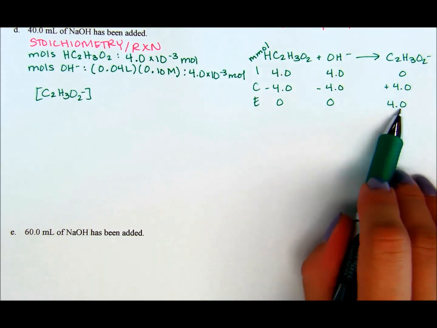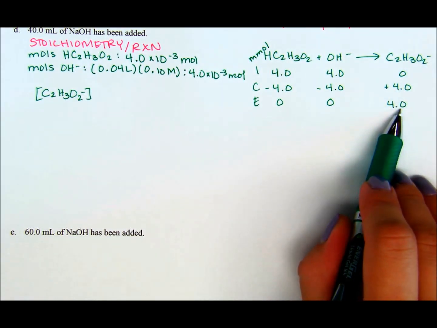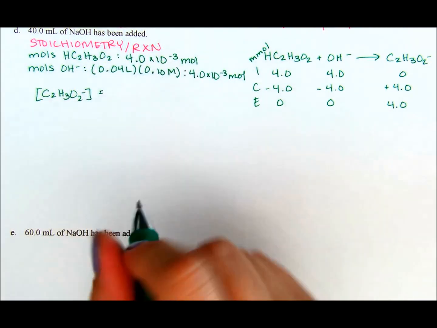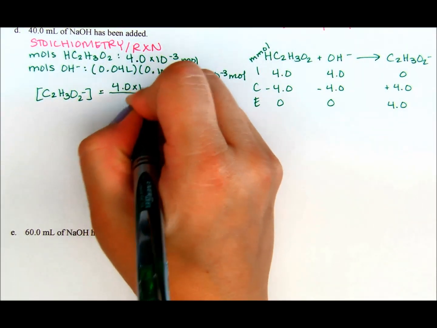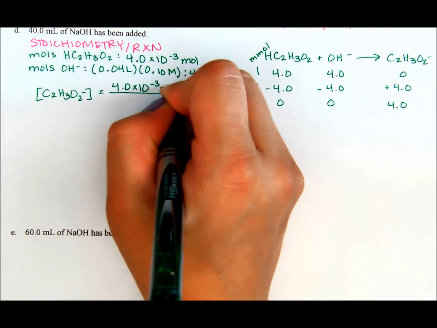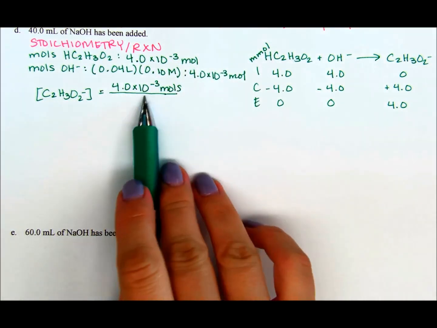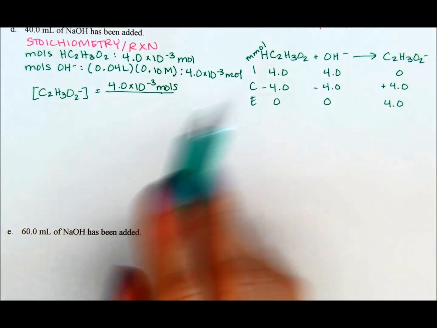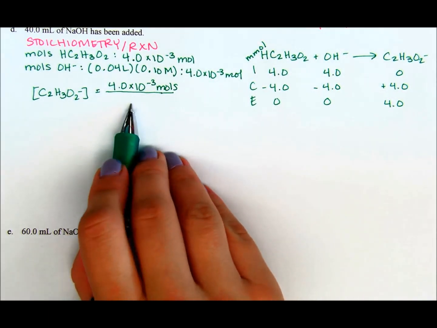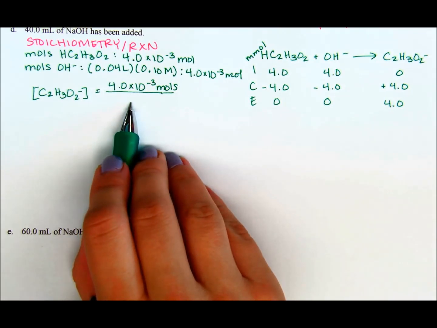So we have 4.0 times 10 to the negative 3 moles of this. So the concentration is moles per liter. So 4.0 times 10 to the negative 3 moles. Remember, I added this 10 to the negative 3 because this is millimolar here. 4.0 times 10 to the negative 3 per liter. So this is going to be your liters of your total solution.